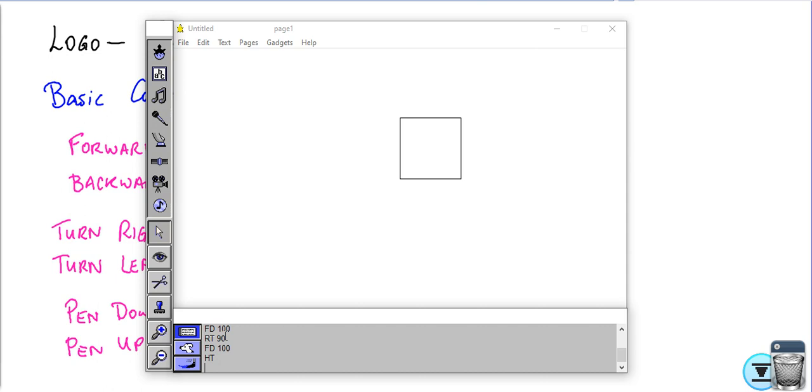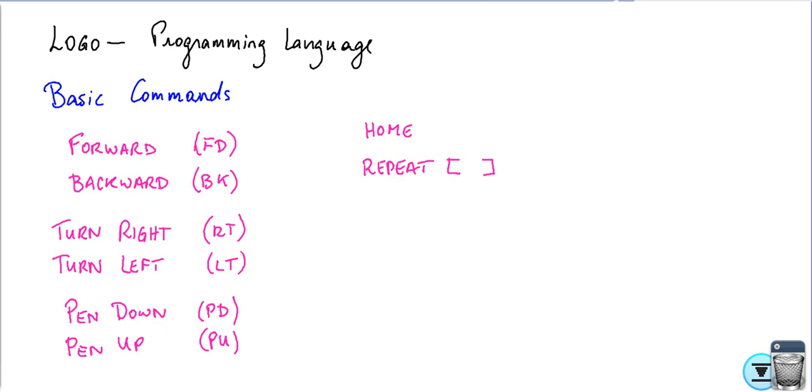All right. So as you can see, there is the square. I'm going to write the commands. So drawing a square. To draw a square, what did I do? I wrote PD first so that I can see where the turtle has passed, otherwise it wouldn't have drawn anything, just moved, and that's all.